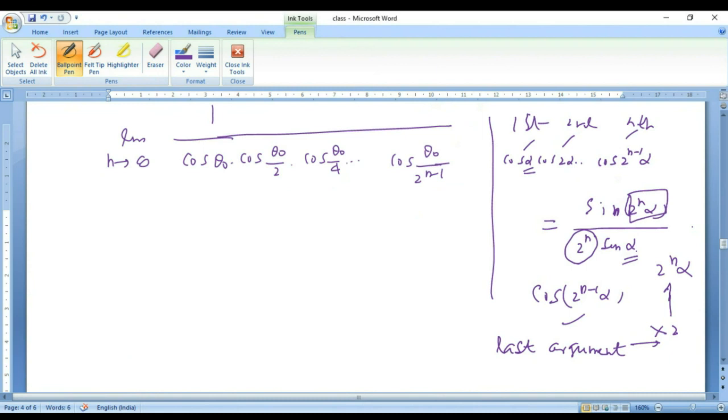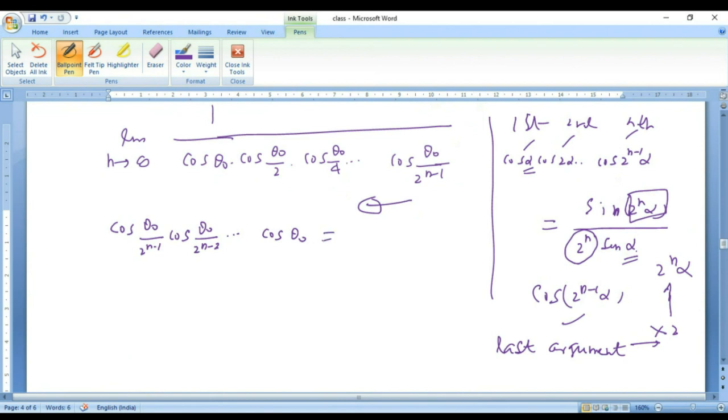Apply the same formula, but read it this way. So I'll write cos of theta naught over 2 to the power n minus 1, cos of theta naught over 2 to the power n minus 2, and all the way to cos of theta naught. This product has n terms.